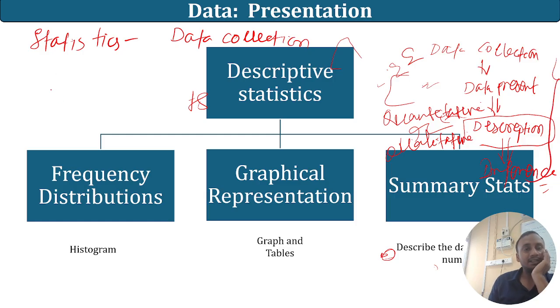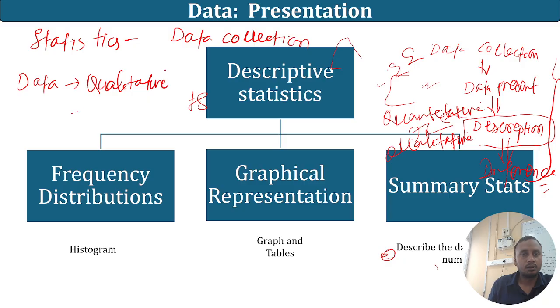When we see the data, we say whether it is qualitative or quantitative. Qualitative is something in a physical form, let's say pain. If pain is measured on some sort of scale, we say quantitative.